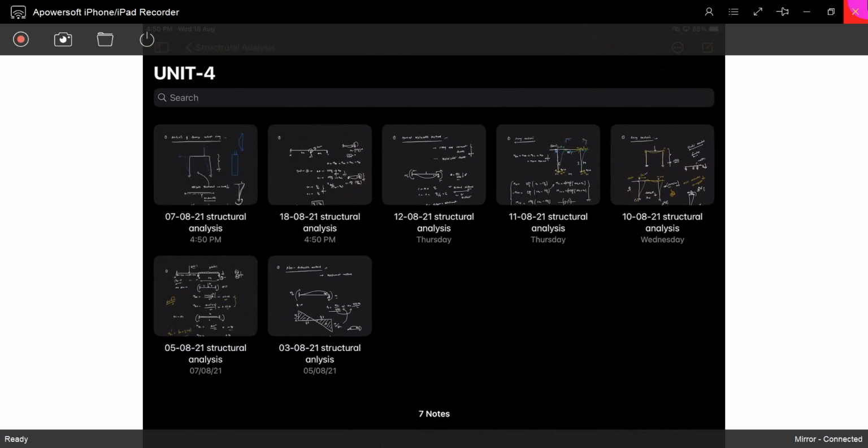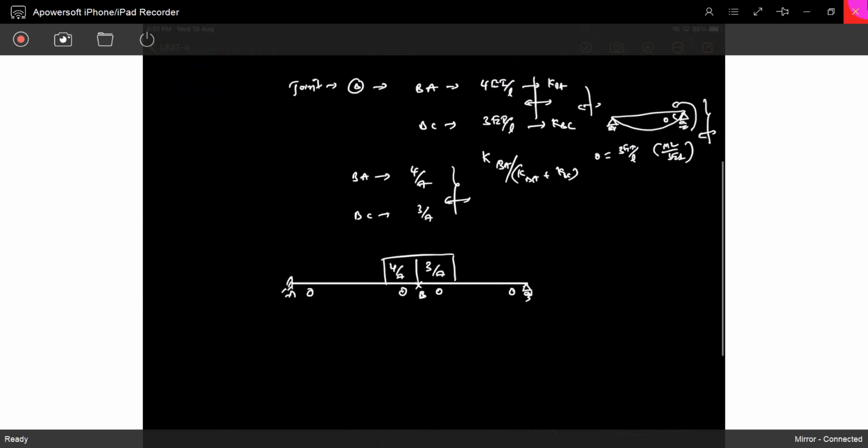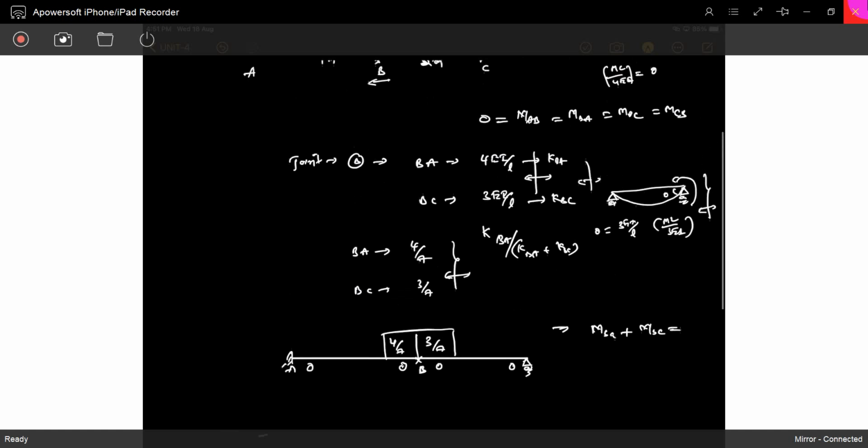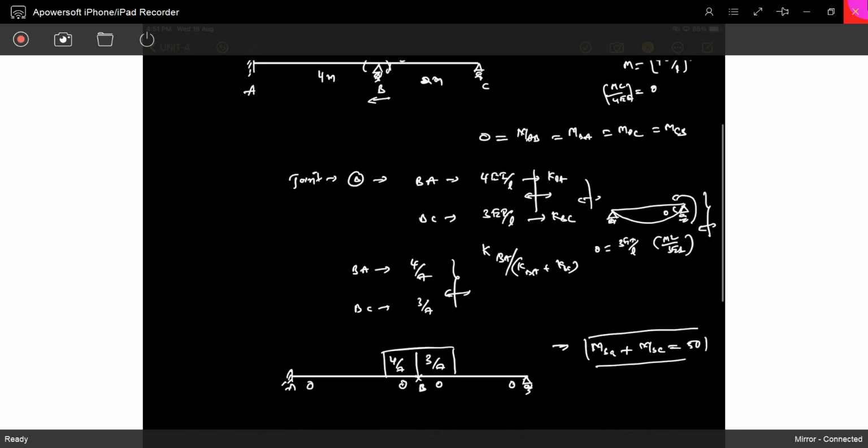Same thing now. The final joint equilibrium equation is: MBA plus MBC should be equal to 50, clockwise, because the joint has a 50 moment.